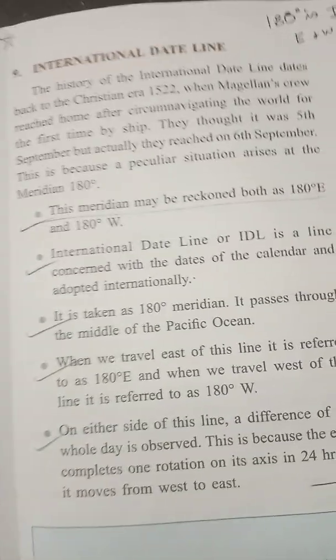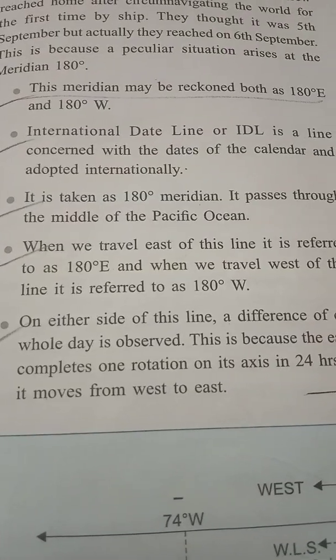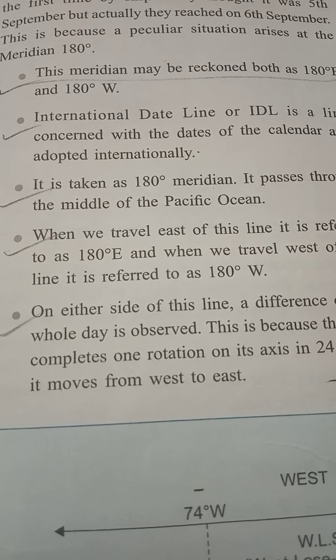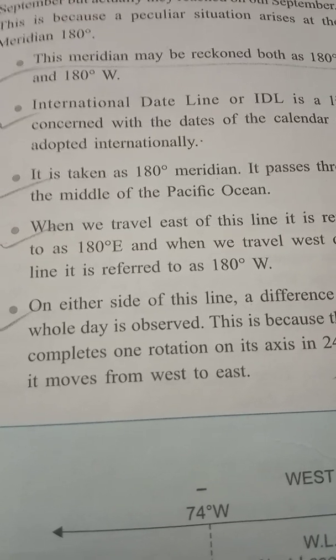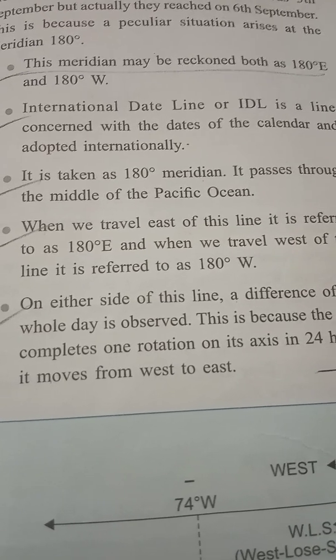Now see children, what do you mean by the international date line? The IDL, as it is also known. This meridian can be taken as both 180 degree east and 180 degree west longitude, or we don't assign any direction to it. We just say 180 degree longitude.